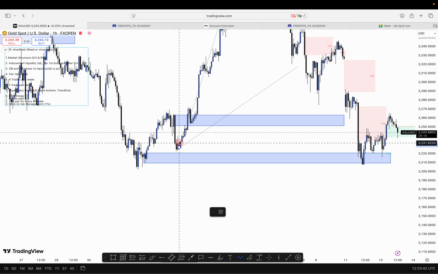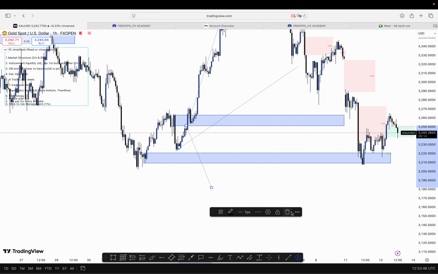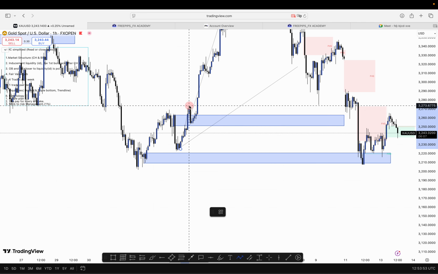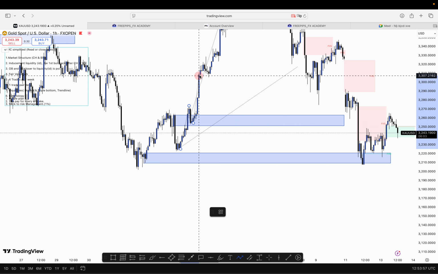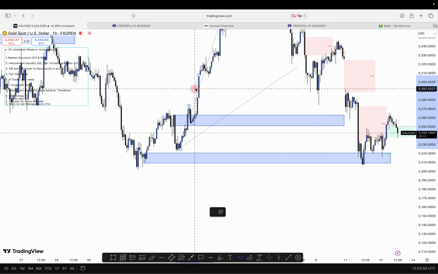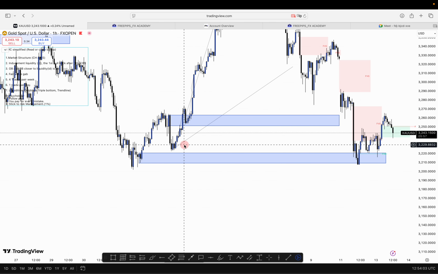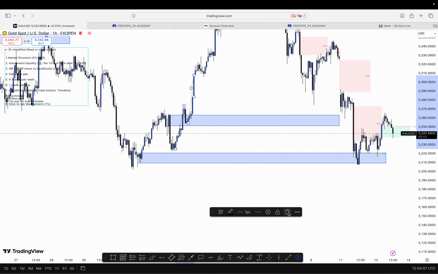When price came down here, it was supposed to respect it and sell, but that did not happen. It broke it, came back to retest it, and then jumped up. You get it? So whenever an order block fails, it's still valid as a breaker block if we've not yet gotten a retest.